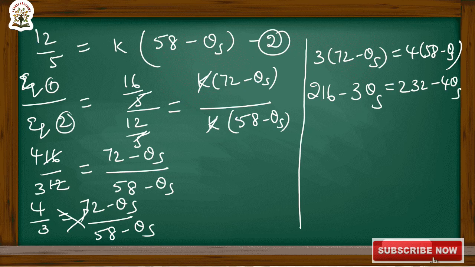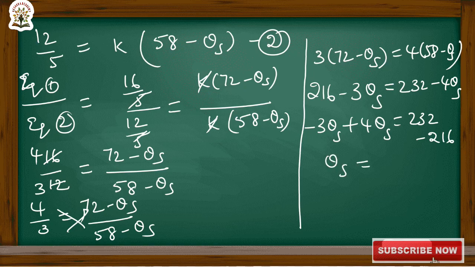So here minus 3 theta s, minus 4 theta s becomes plus 4 theta s, that is equals to 232 minus 216. Here theta s is equal to 232 minus 216, how much? 16. So therefore theta s is equals to 16 degrees centigrade.